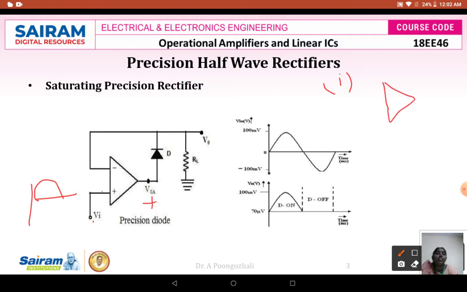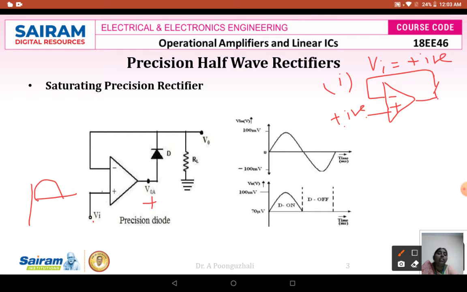So the first condition is when VI is going to be positive. The voltage is going to be a positive voltage, and you are going to have your diode conducting. That means the switch is going to be a closed switch, acting like a closed path. So the circuit is going to act like a voltage follower, and the output voltage is going to be equivalent to the input voltage.